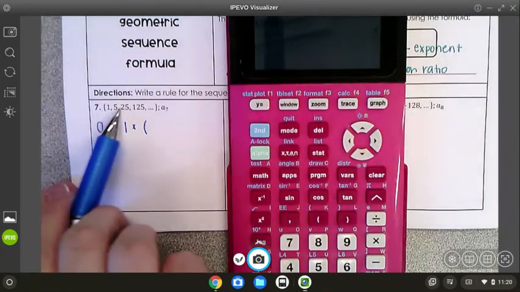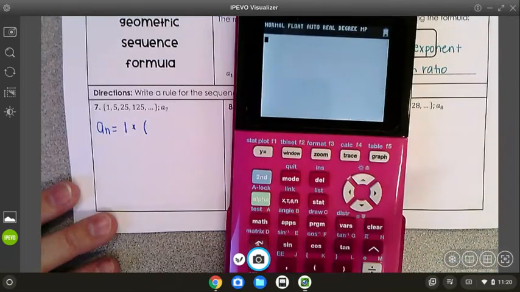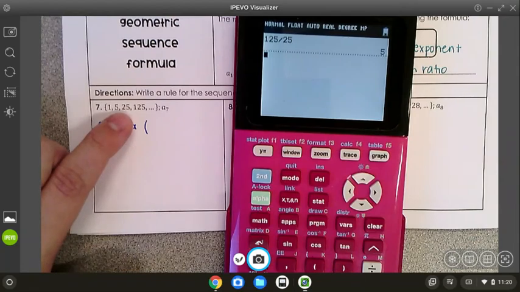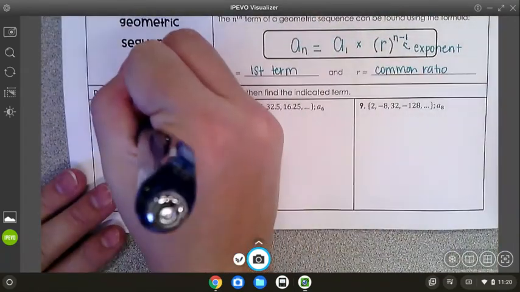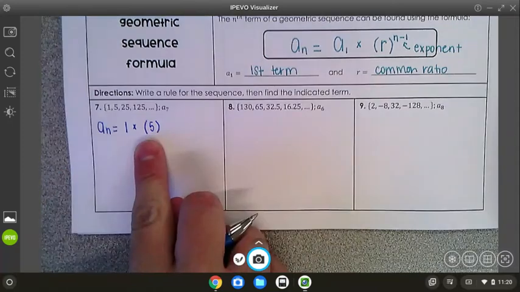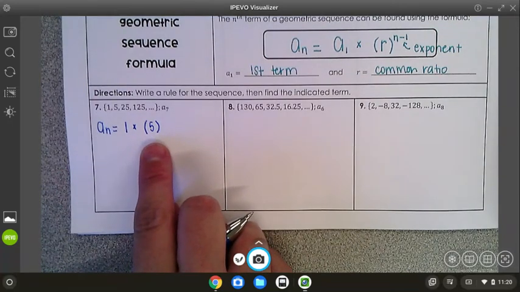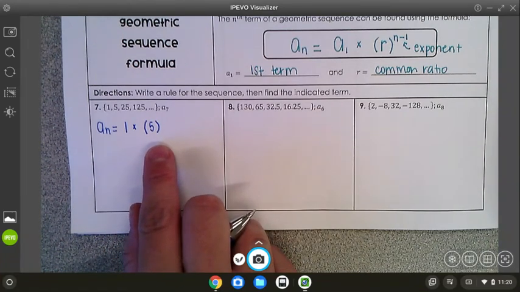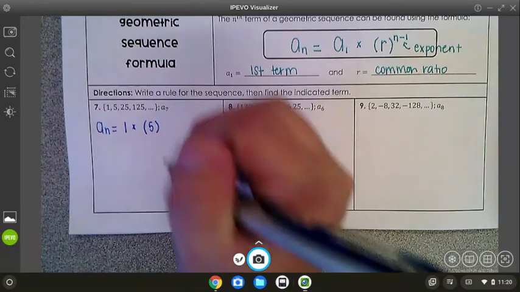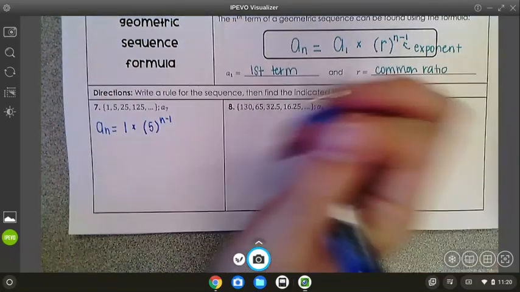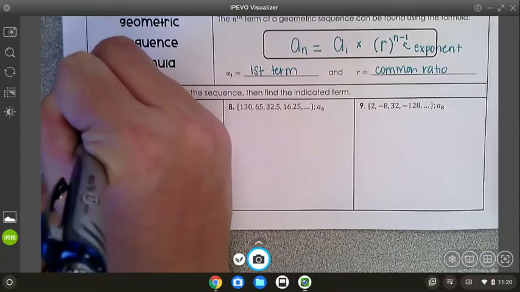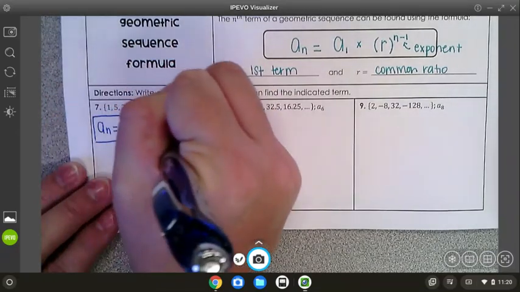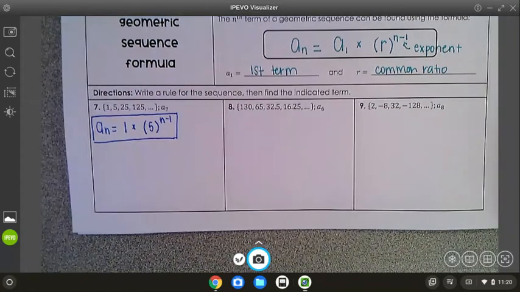So you can tell what your r is just by looking, but in case you can't, let's just take any term divided by the one before it, and we get 5. I want you to get in the habit of always putting that in parentheses, because if your r is negative and you don't do parentheses, you'll get the wrong answer. So it's better just to do it always. And then n minus 1. Okay. And that is our rule, our formula.